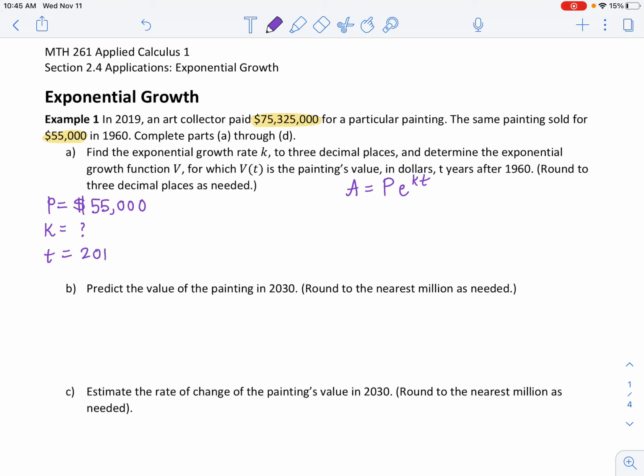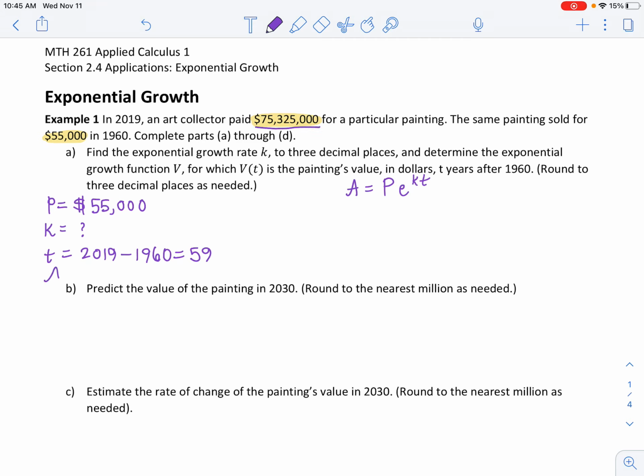So to find that, let me subtract 2019 minus 1960. Okay, so that's like 49 years. I can't subtract in my head. Okay, 59 years. So t is 59.